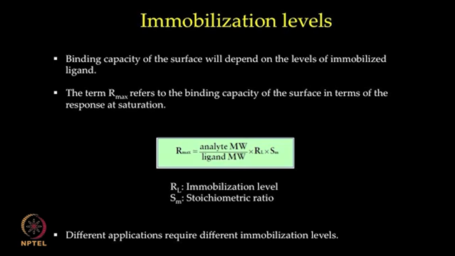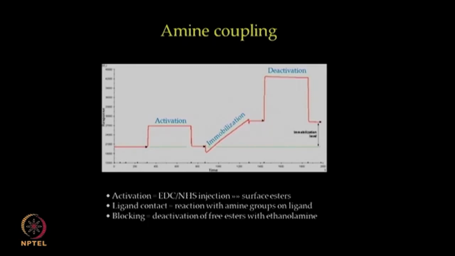Today, we are going to immobilize the antibody on a CM5 chip using amine coupling chemistry, and the figure here shows a typical immobilization sensorgram using amine coupling.